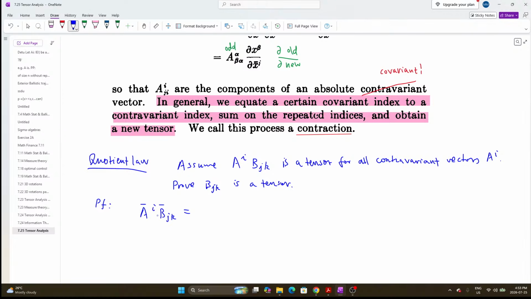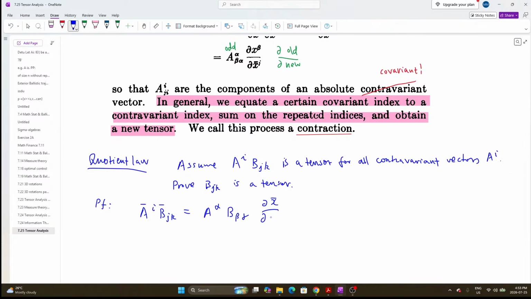So the new components A^i-bar B_JK-bar are the old A^alpha B_beta-gamma times the transformation law, the Jacobians. One index upstairs, so that's contravariant, so it's d new over d old.